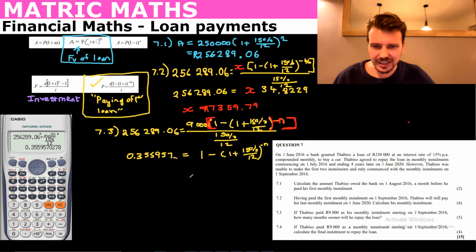And right, so we take the 1 across, and so we say 0.355957 minus 1, okay?